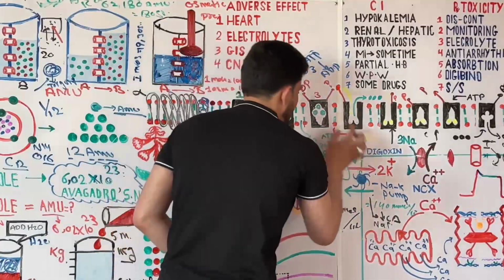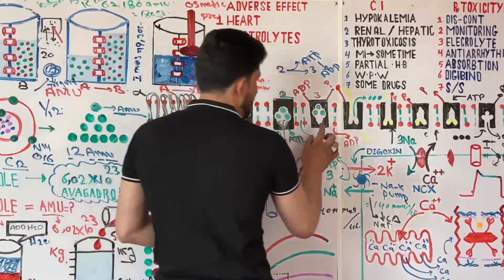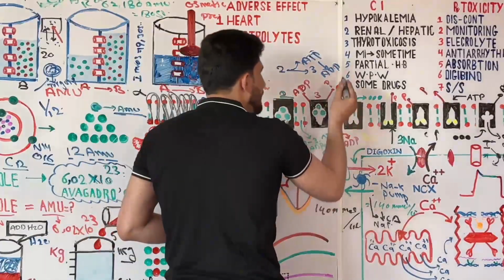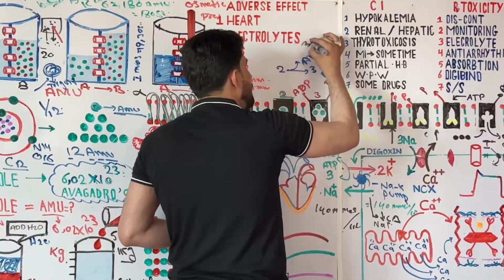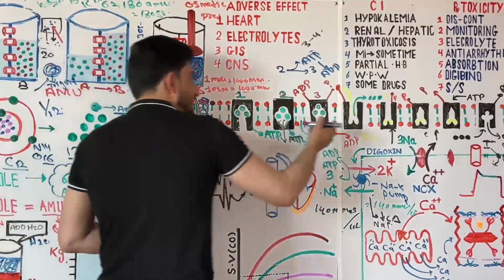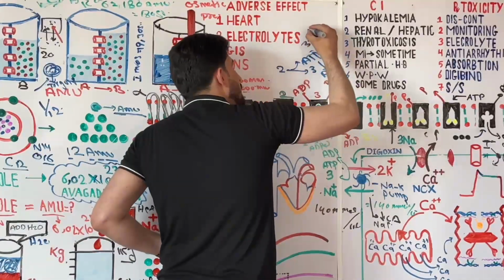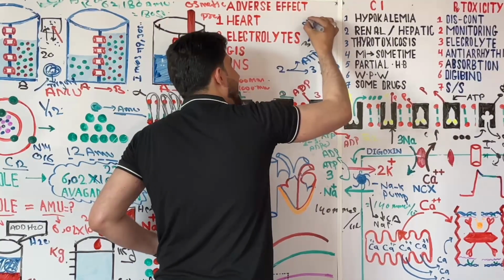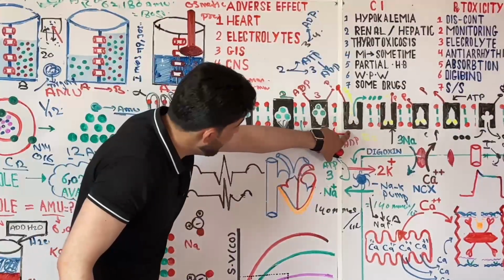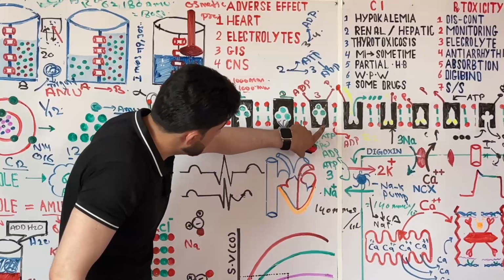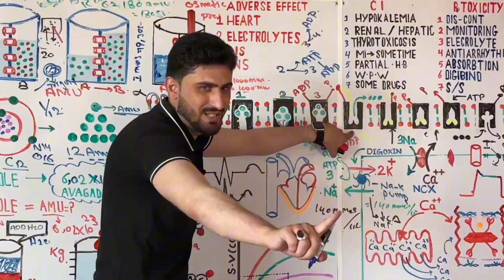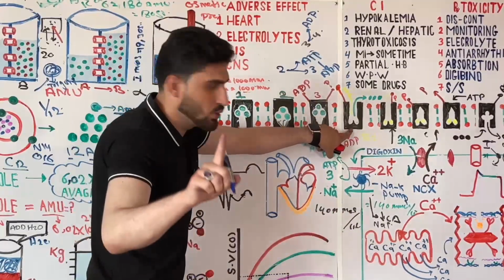But now, in this step from 3 to 4, this pump is losing ADP. When I lose ADP, I'm going from E1 stage to E2 stage.